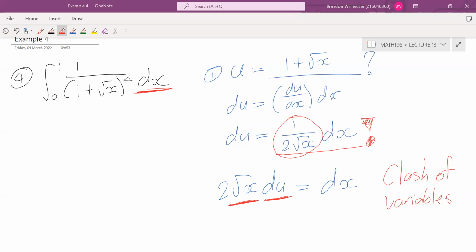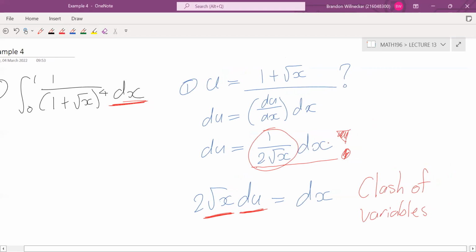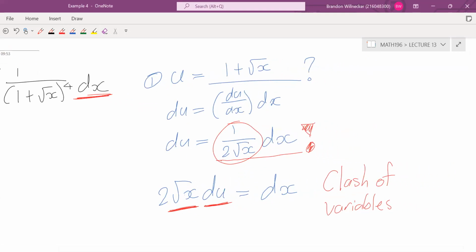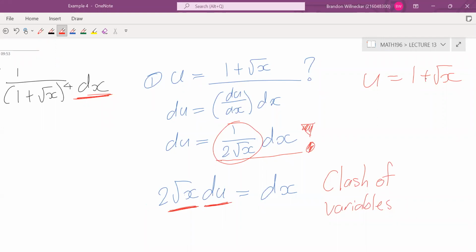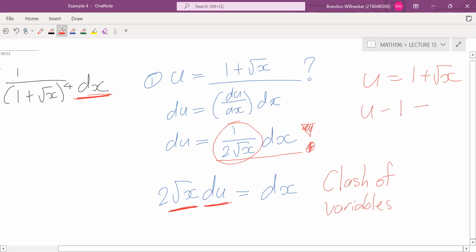Okay, so how do we do that? Well, look back at our original expression for u. If we just do this on the side here, u is equal to 1 plus root x. What we want is to solve for root x. So u minus 1 is equal to root x.